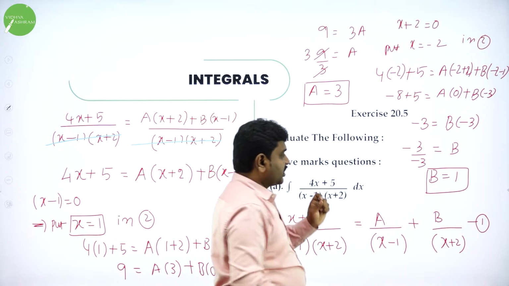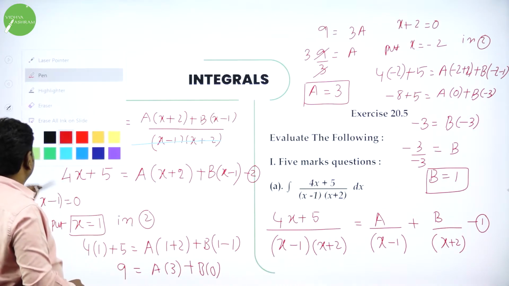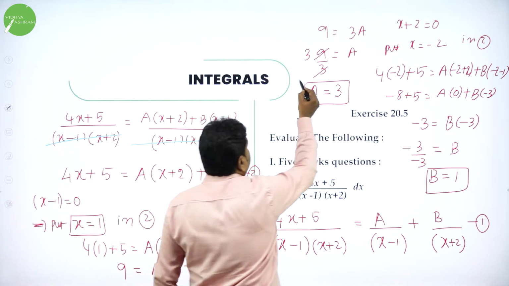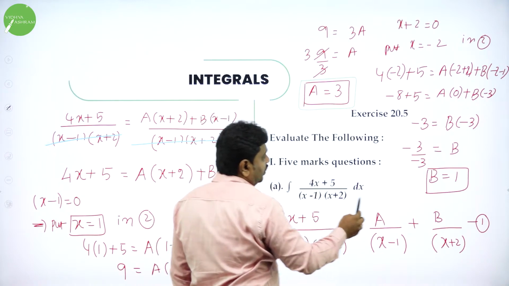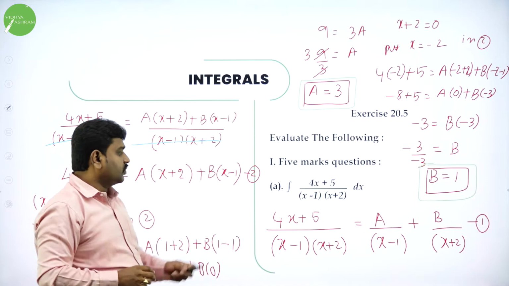So by the partial fraction method you got a and b. What is your a value? We got the value of a, that is 3, and we got the value of b, 1. Now substitute a and b in equation 1.